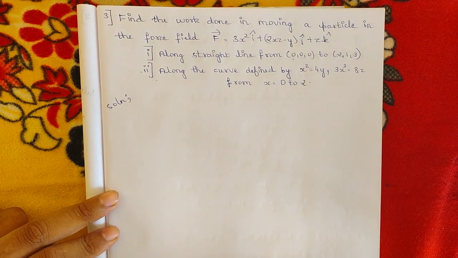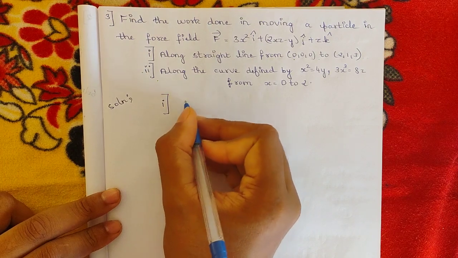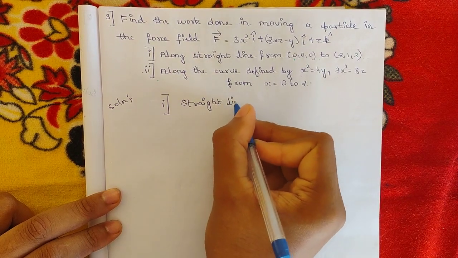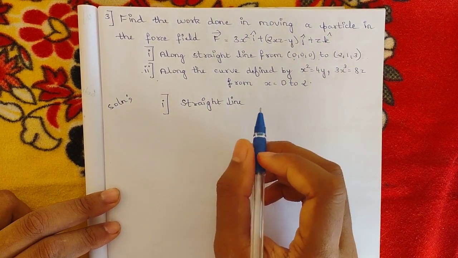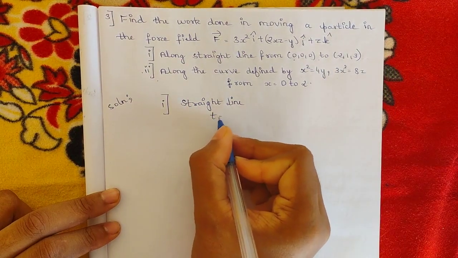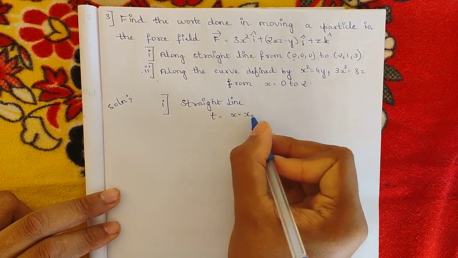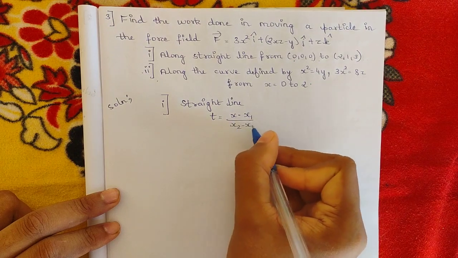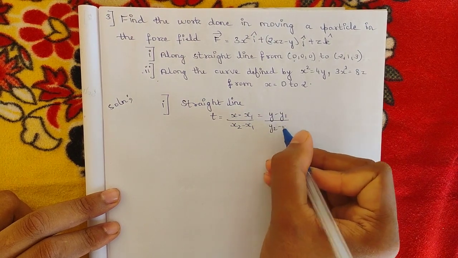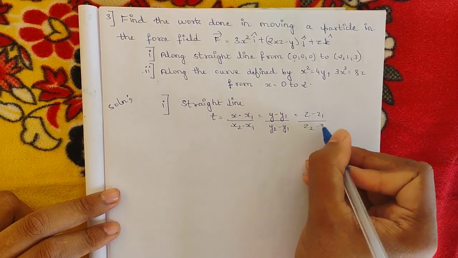Okay, let us solve one by one. First condition they have given is along the straight line from the points 0, 0, 0 to 2, 1, 3. For that we should be writing the equation of the line in order to move further, that is t is equal to (x minus x1) divided by (x2 minus x1), which you might be learning in your first PU, equal to (y minus y1) divided by (y2 minus y1), equal to (z minus z1) divided by (z2 minus z1).